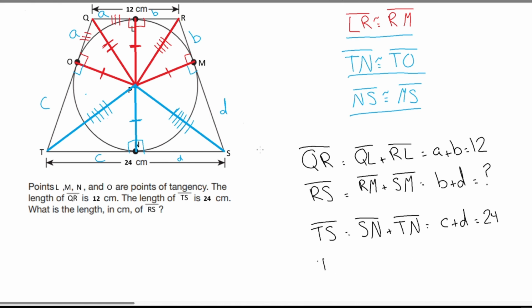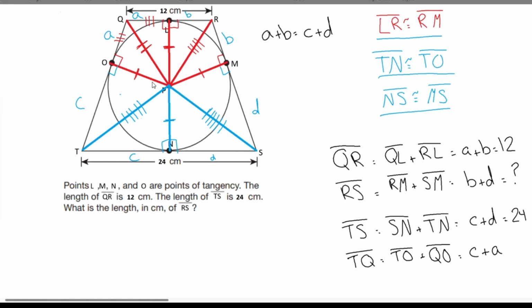And finally, we have TQ, which is equal to TO plus QO. And this is equal to C plus A.